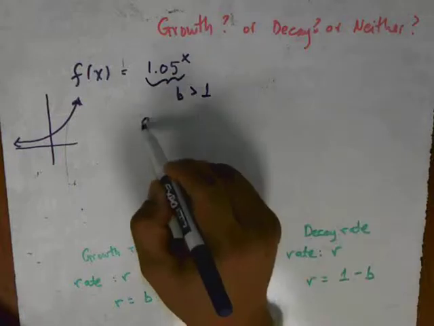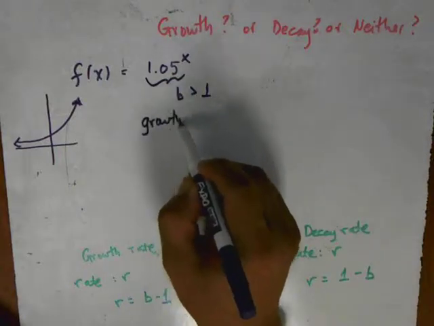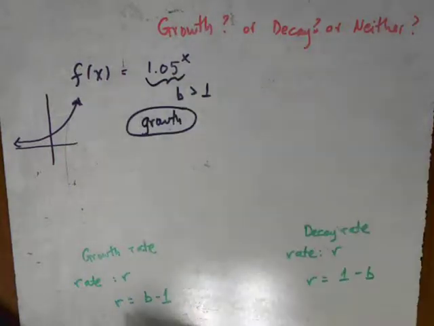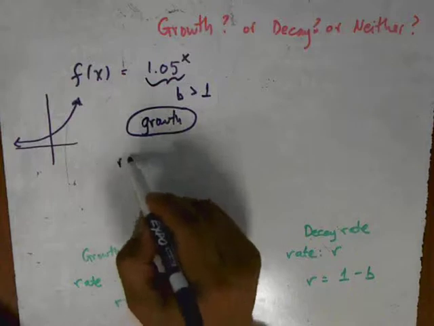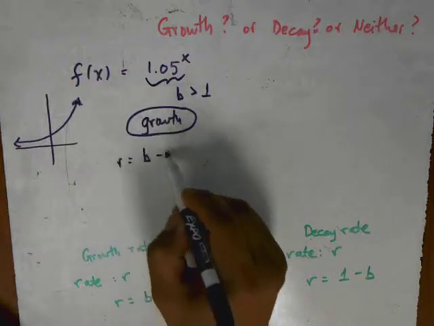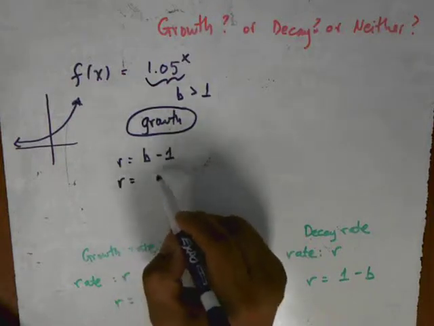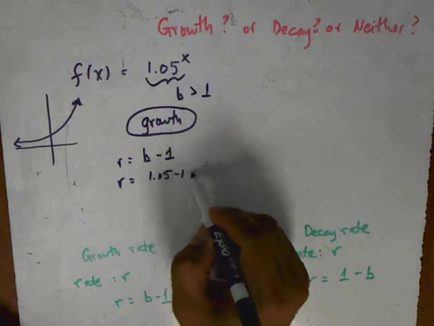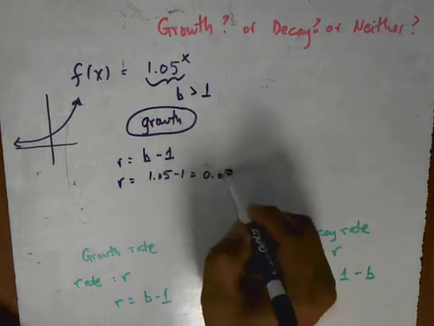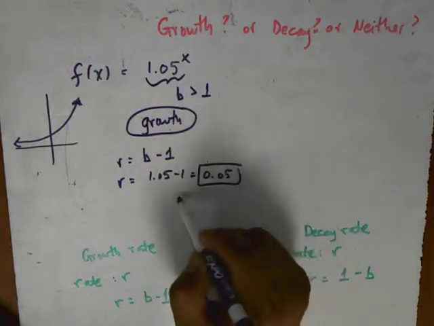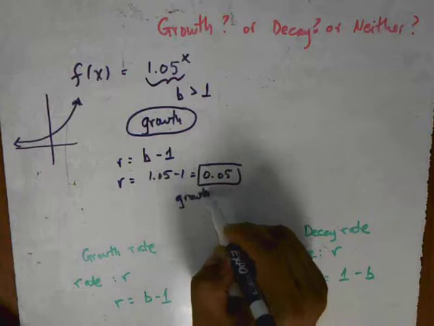So this is going to be a growth function. Okay. And then the growth rate, r, is equal to b minus 1, which is 1.05 minus 1, which is 0.05. So this is the growth rate.